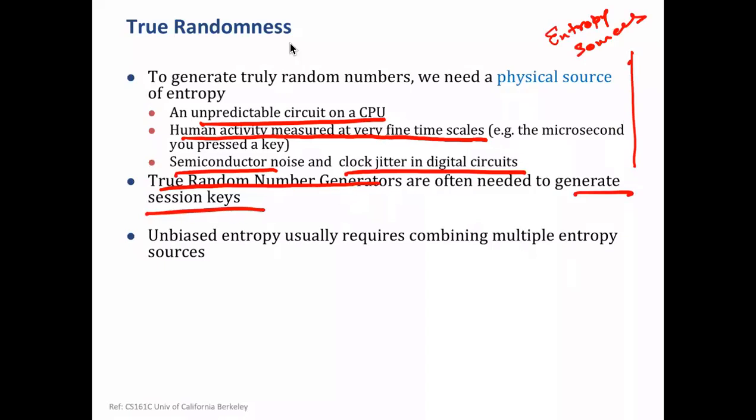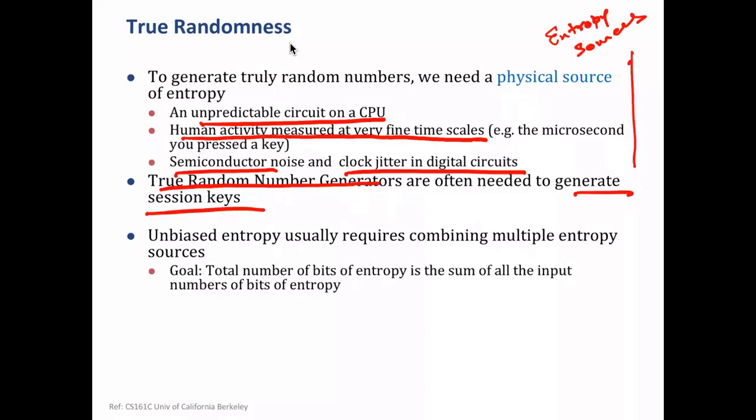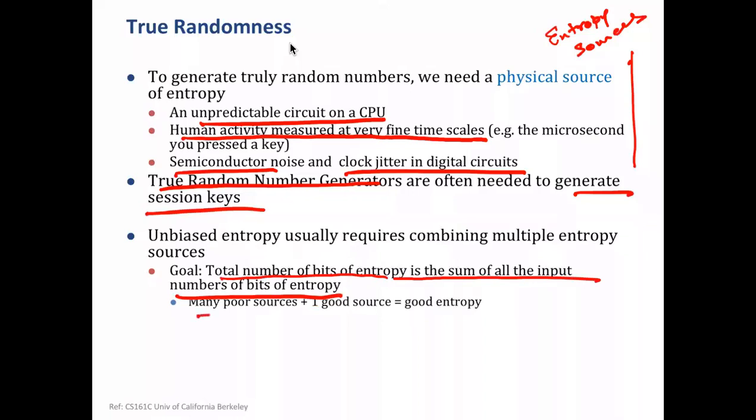A system can take inputs from many entropy sources. The total number of bits of entropy is the sum of the bits of entropy from the different sources, so many poor sources plus one good source should in general lead to good entropy.